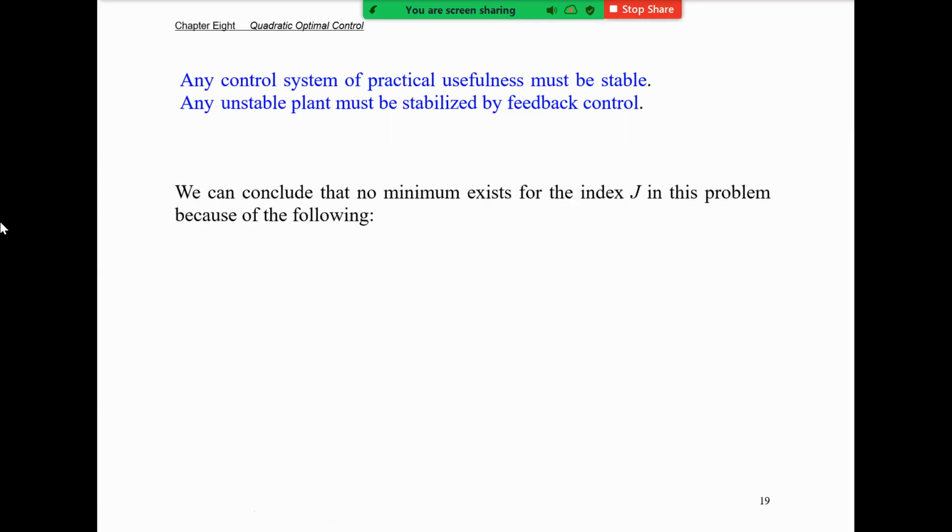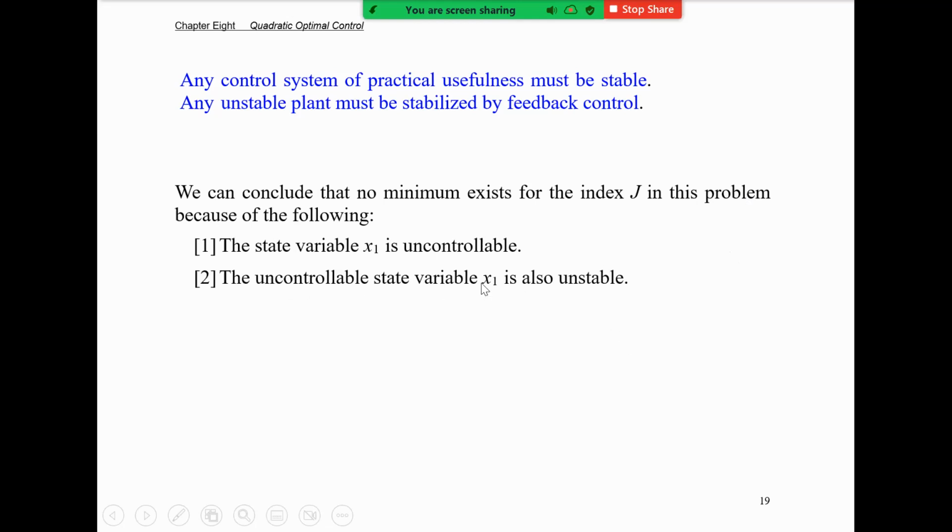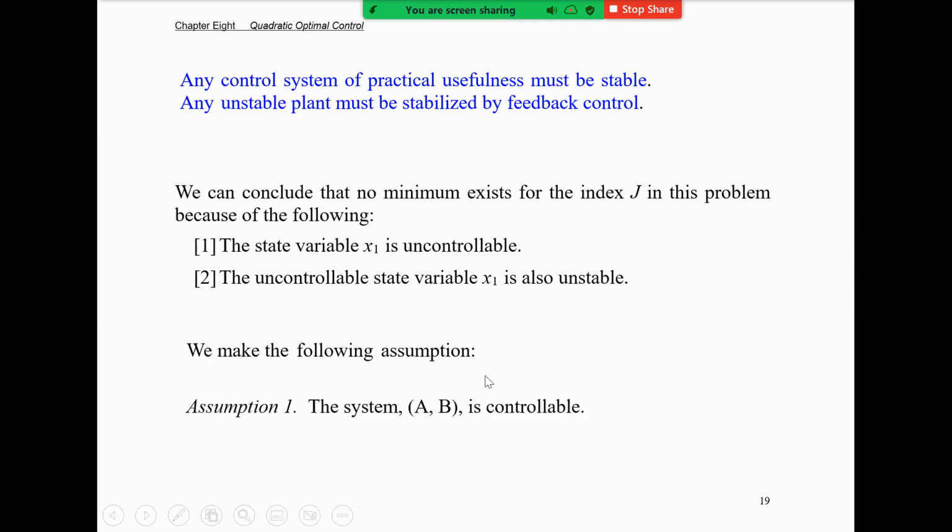State variables can be affected by the input. From this example, there is no solution because x1 is uncontrollable and also unstable. That causes us the problem. Therefore, we make the following assumption: the system is controllable.